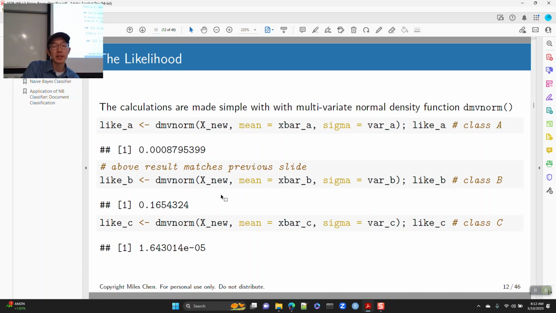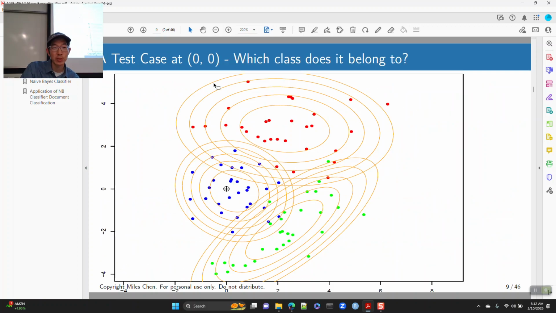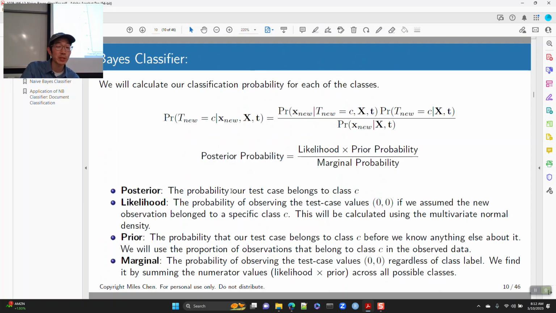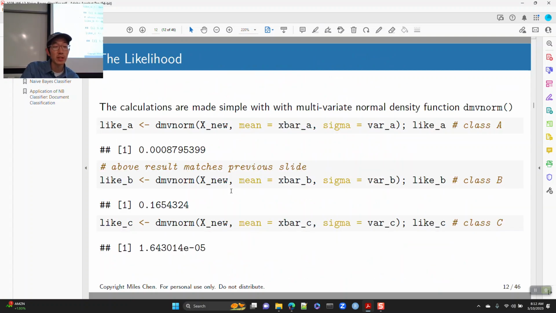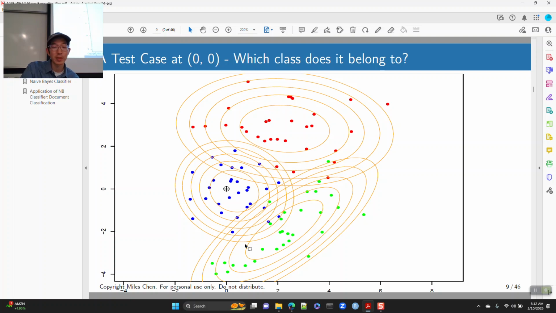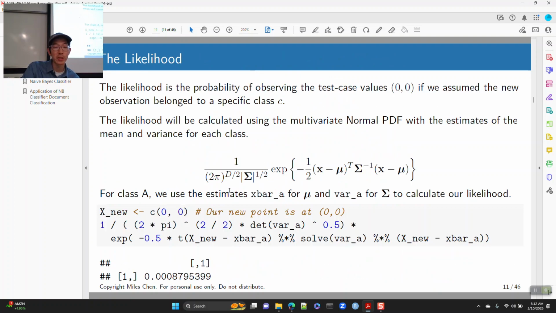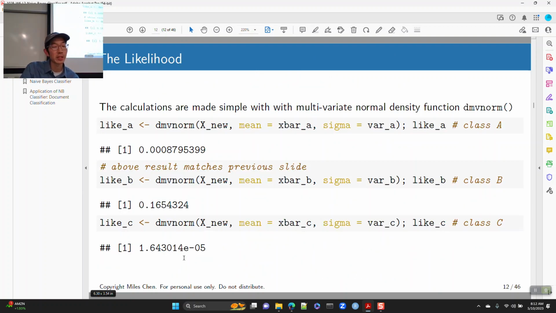What's the likelihood that the B distribution, the blue one, produces (0, 0)? And what's the likelihood that the C distribution, the green distribution, produces (0, 0)? The blue distribution's likelihood is relatively high at 0.165. And the green distribution producing this is found to be very unlikely, 1.6 times 10 to the negative 5.